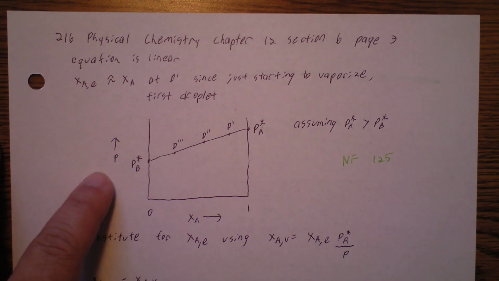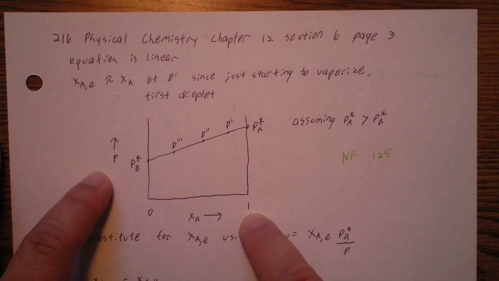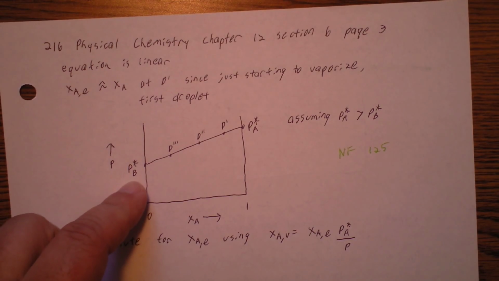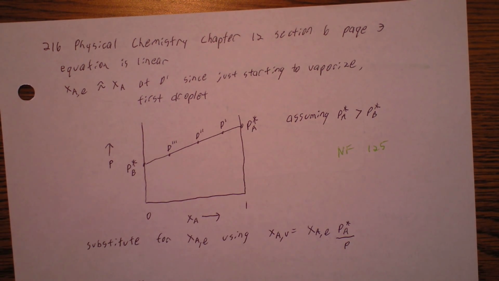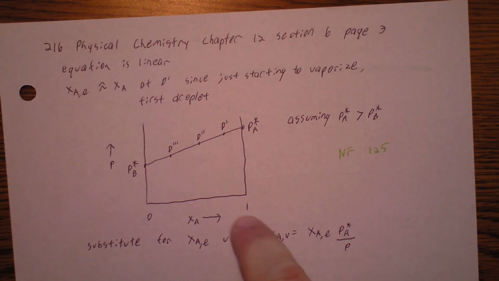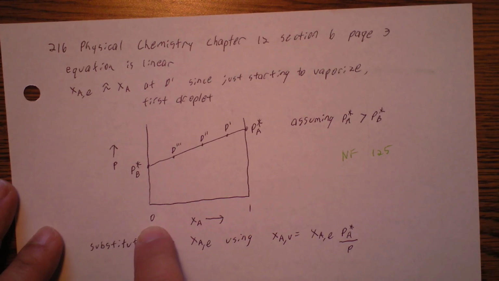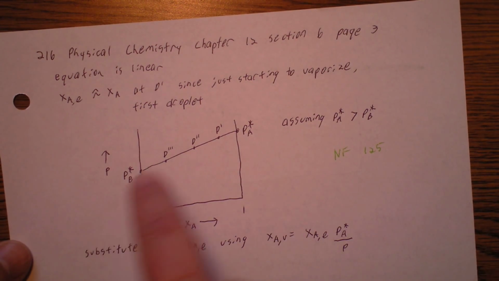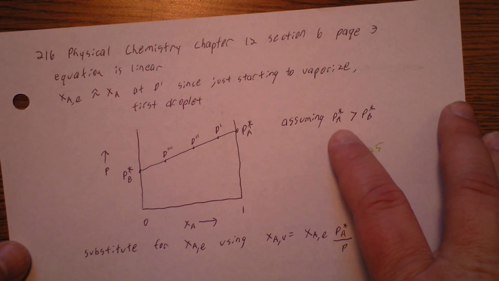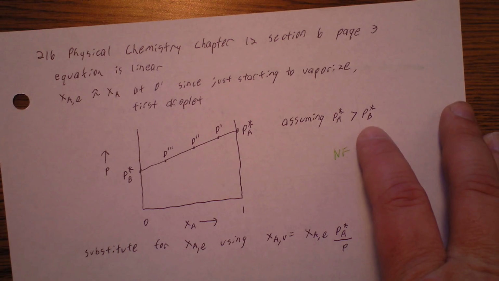So here's increasing pressure, starting with mole fraction of A 0, going up to pure A. So we have PB star, D prime, D double prime, D triple prime, PA star. So if we have the mole fraction of A is 1, you have pure A. If you have mole fraction of A is 0, then you have pure B. Now this graph is written assuming that the pressure of pure A is greater than the pressure of pure B.